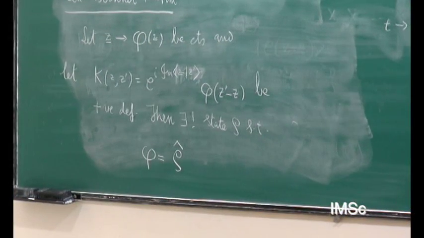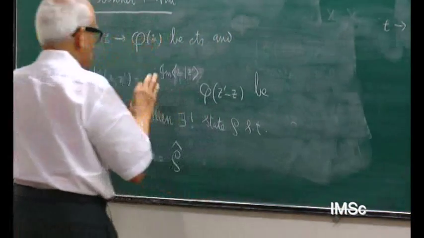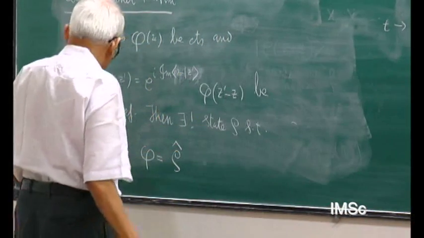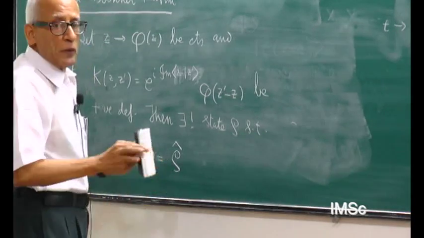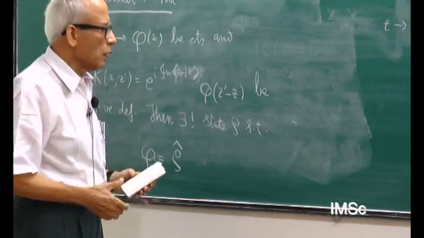And the proof is also very simple, because whenever you have a positive definite kernel, you can use the GNS principle to construct a Hilbert space.